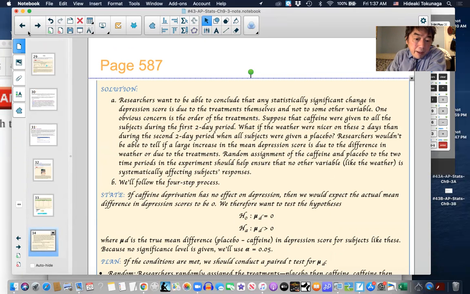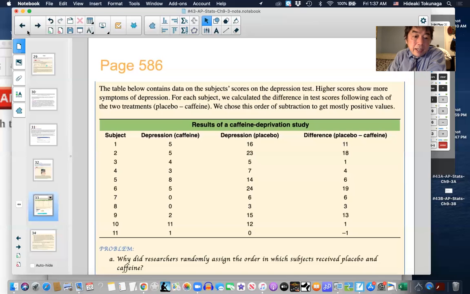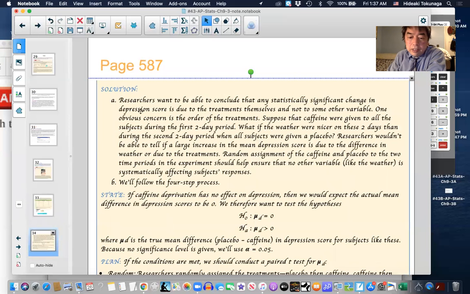Now, they list the null hypothesis: mu sub d, mu of difference, is 0. And the alternative is mu of difference is greater than 0.